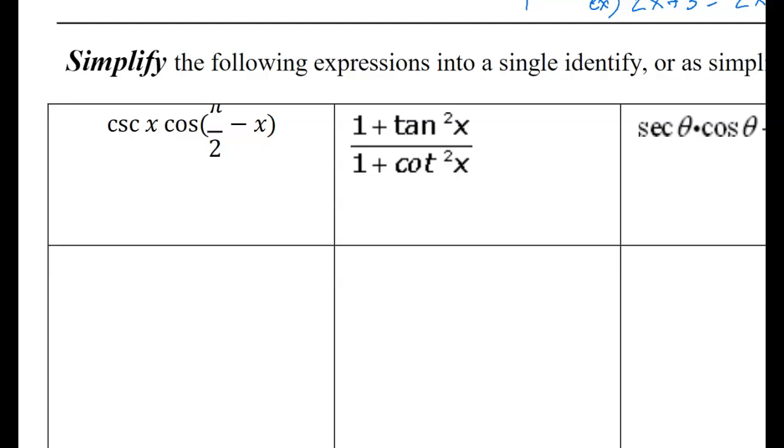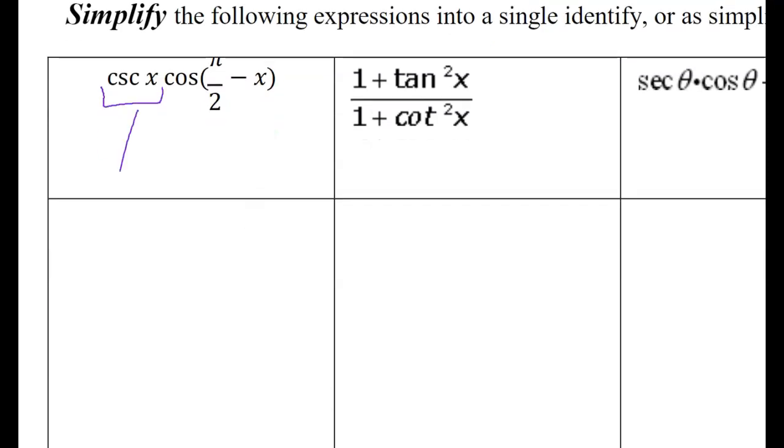So if I have cosecant of x, you can even look at this on our trig identity. Cosecant of a variable is equal to 1 over sine of that variable. So instead of rewriting cosecant of x, I'm going to replace it with 1 over sine of x.